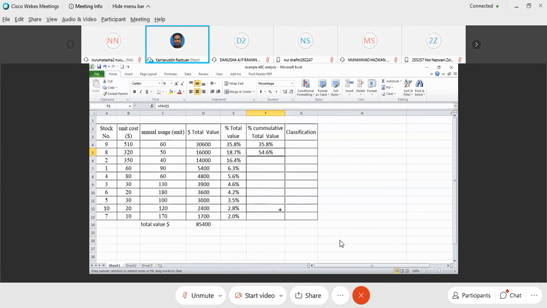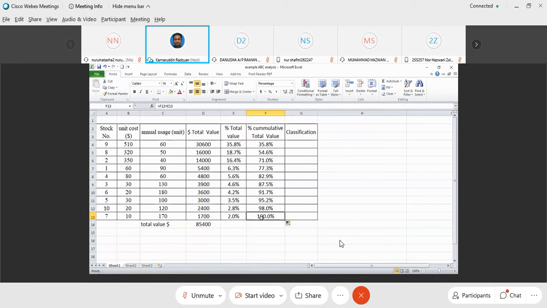Okay. So we do this process for the whole of the stock numbers, and to ensure that we get the right calculation, at the end of the row, for the last part number 7, we need to get 100% for the cumulative total value.